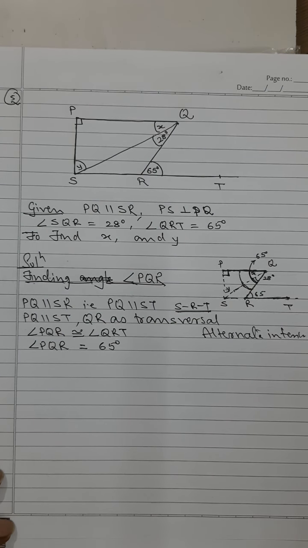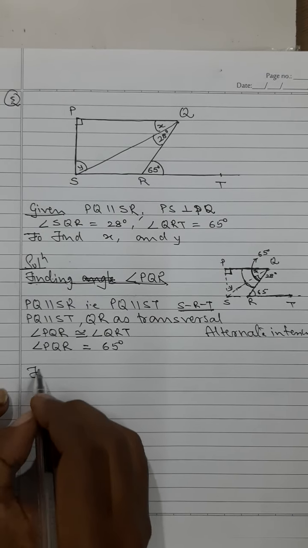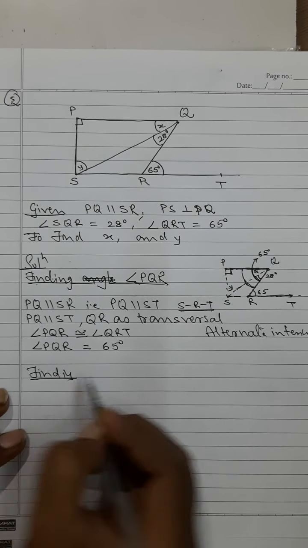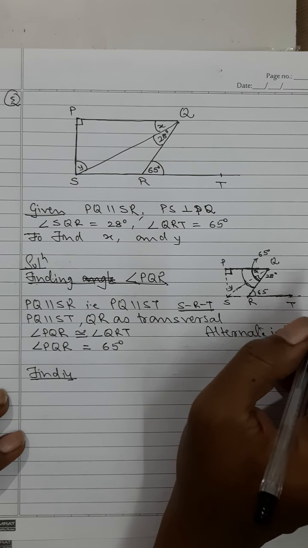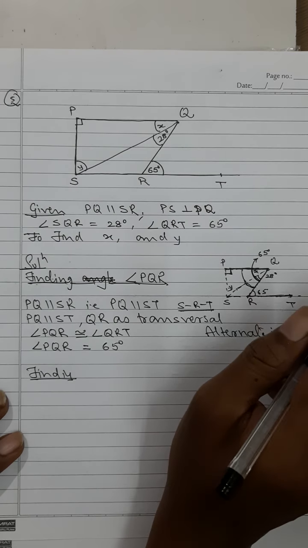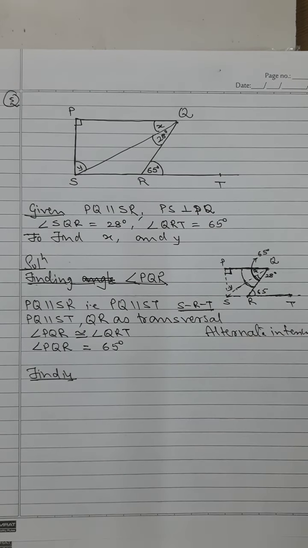Fine. So you have got this angle. Now from there you will have to turn. Now finding what? See here, you are going to deal with angle PQR. I should keep rough pages close.